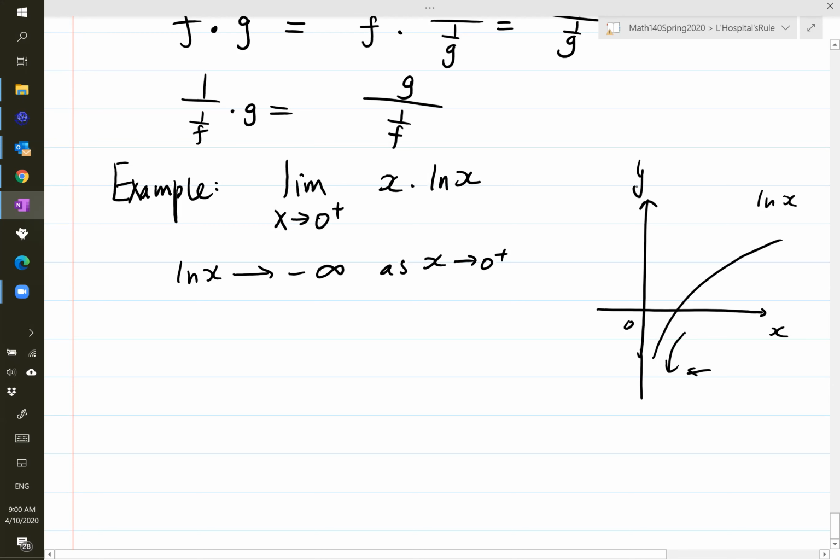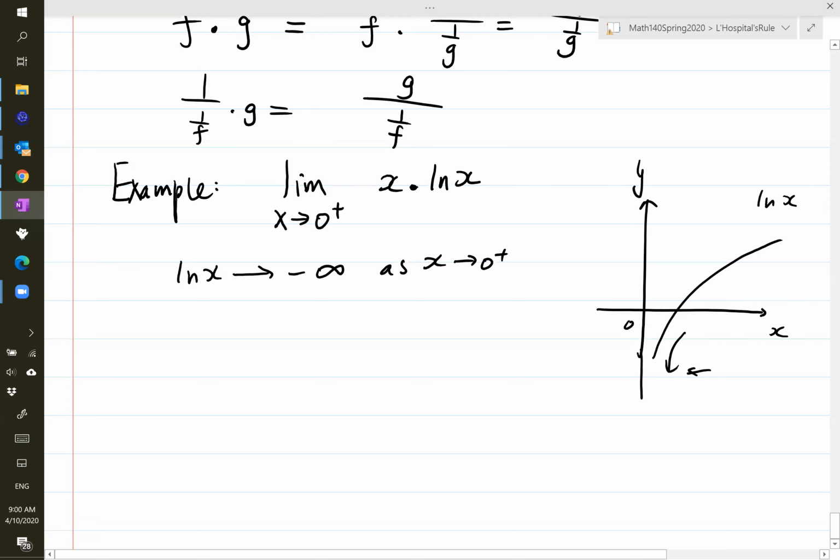Now log x approaches a huge number while x approaches a small number close to 0. Which dominates when we take their product?